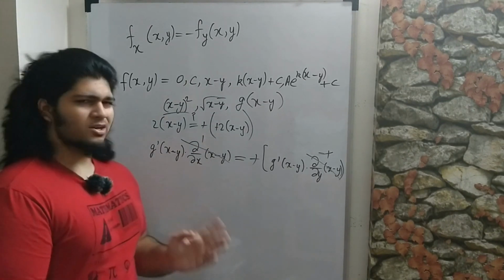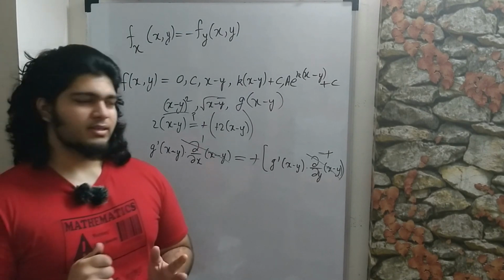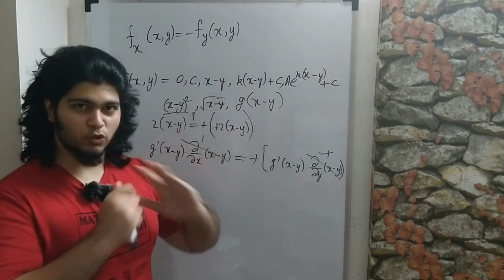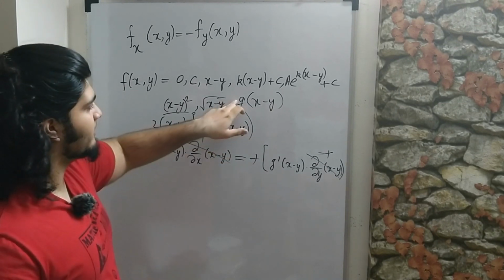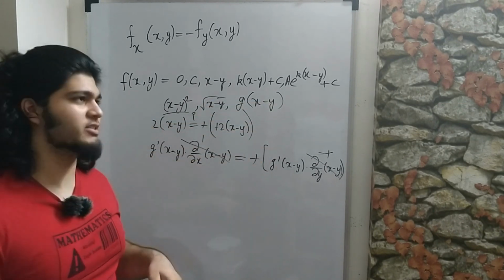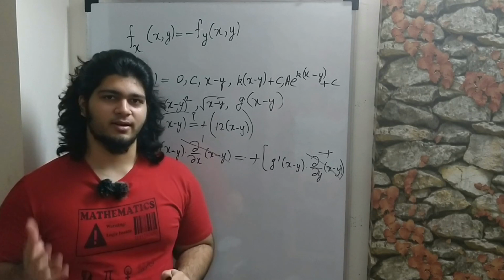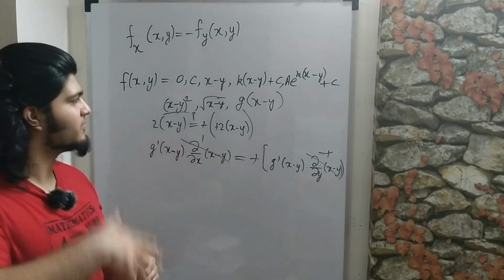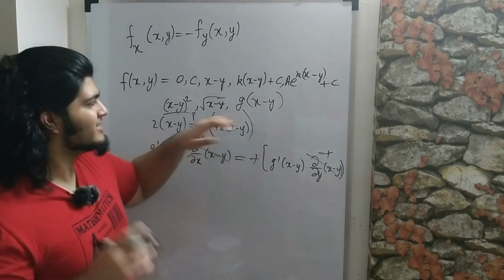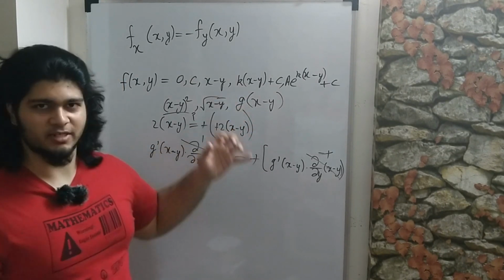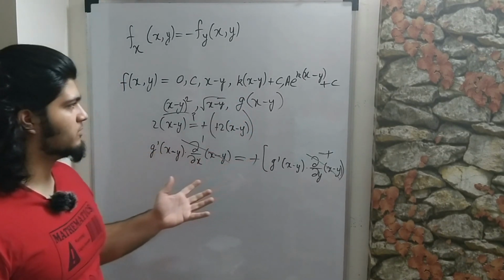So now it only boils down to showing that this is the most general possible solution. Of course you may say that we can multiply by k and add c and that will give us a new solution, and sure, you're right, but that is still a different single variable function of x minus y. So if we just say any generic function of x minus y, we are basically covering all possibilities.